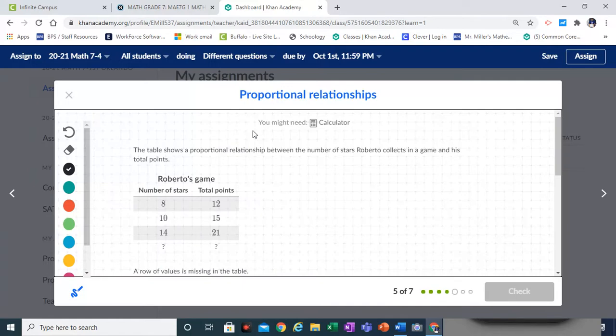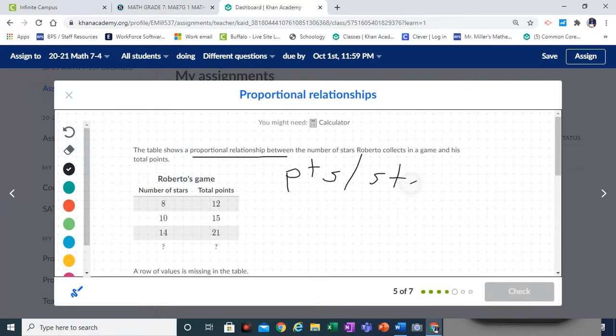The table shows a proportional relationship between the number of stars that he collects in a game and his total points. So again, we would want to figure out points per star in this situation.